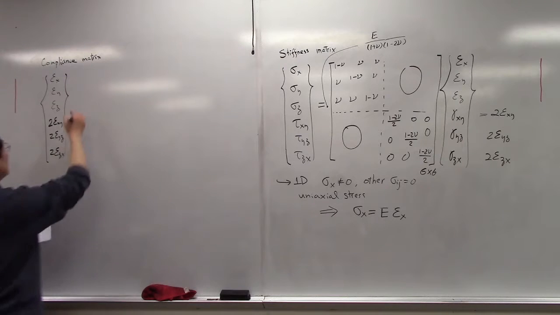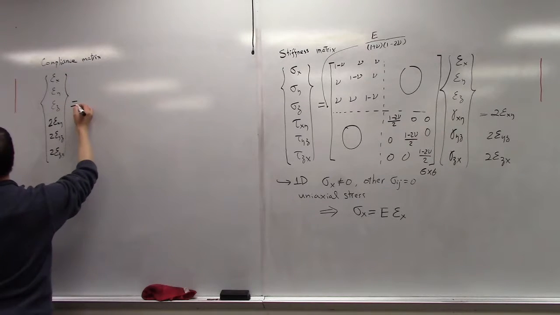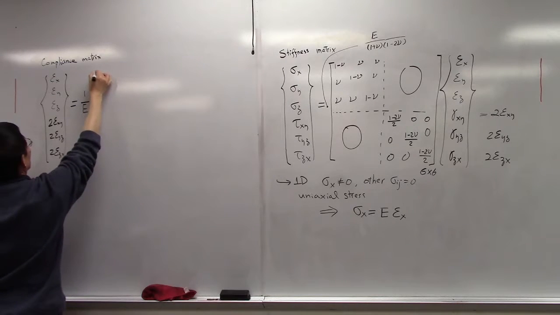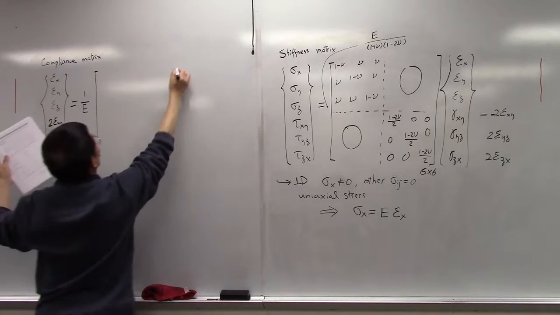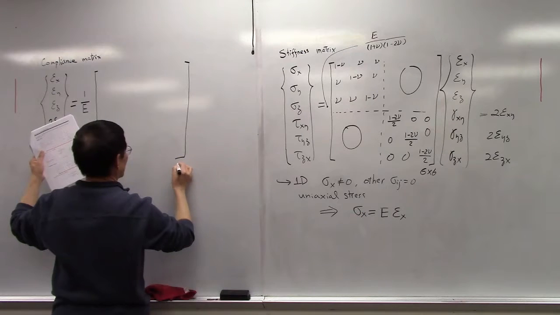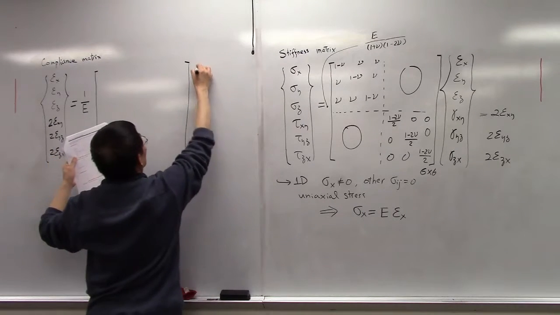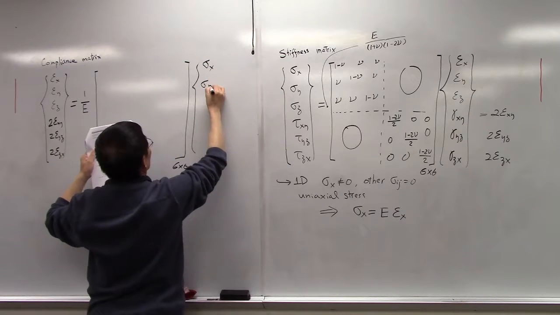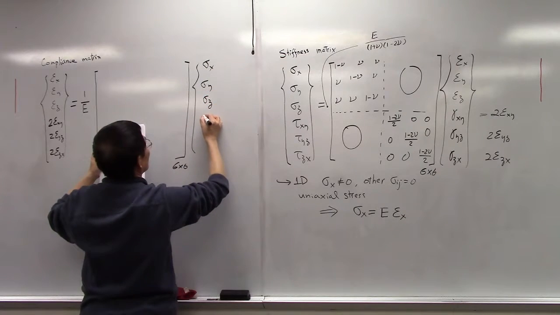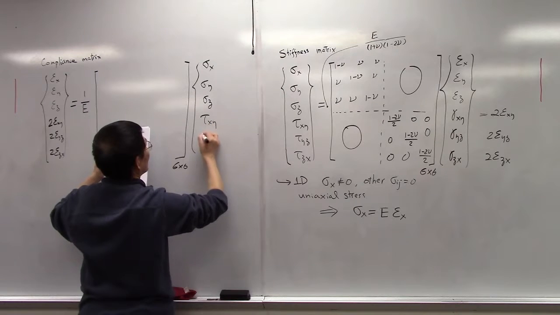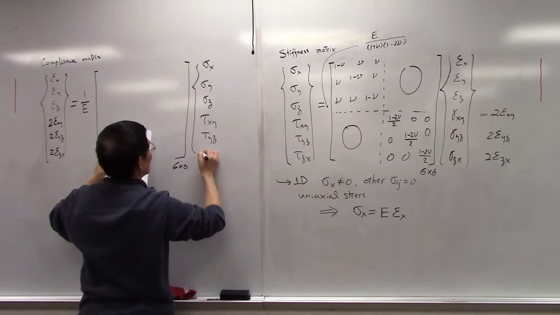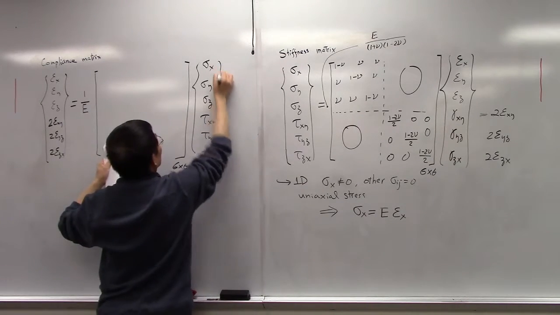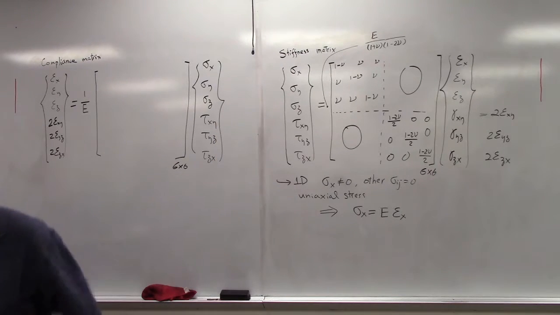Okay? This is equal to 1 over E, and then a 6 by 6 matrix. Here is sigma x, sigma y, sigma z, tau xy, tau yz, tau zx.